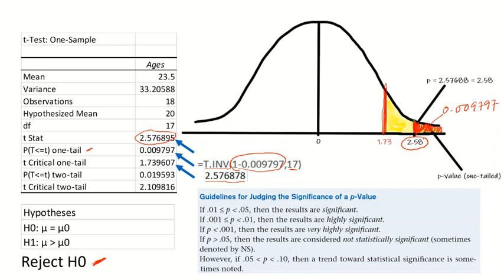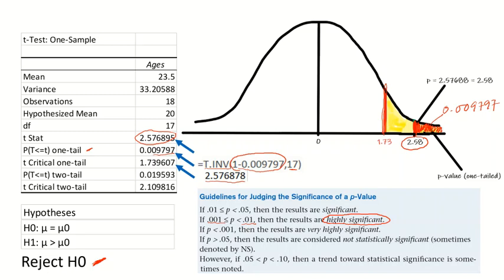The second part of our decision is to look at the p-value. Is our decision to reject statistically significant? Well, 0.009 is lesser than 0.01, but greater than 0.001. So the result here is highly significant.